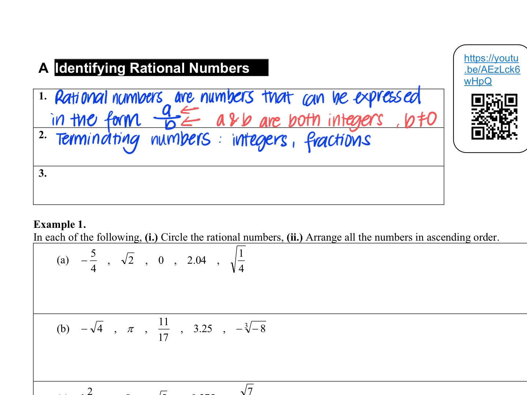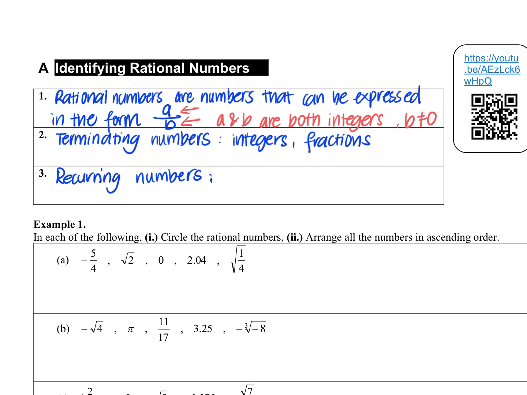So what happens with a number that is a repeating decimal? Another type of rational number is numbers that are repeating. We call them recurring decimals. Recurring numbers may be in decimal form, but these numbers do not end and they repeat with a particular pattern.